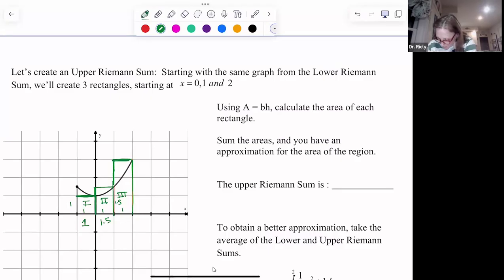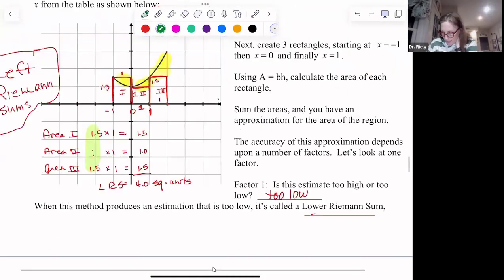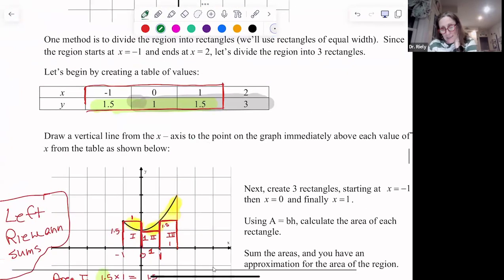So this side is going to be 3 by 1. So are those the same ones I just recognized? And yes, the 1, the 1.5, and the 3. So the red over here was the left Riemann sum, and the green I just did was here, and that was the right Riemann sum.